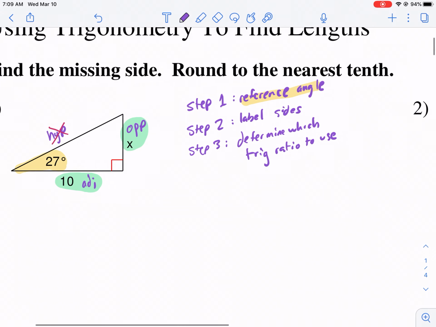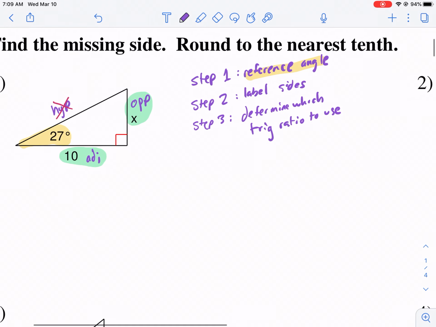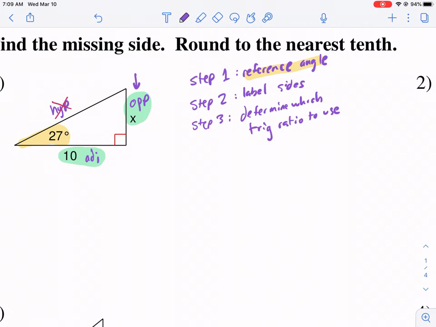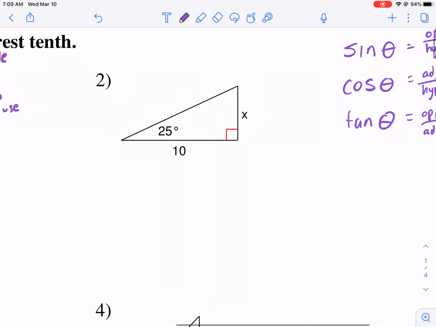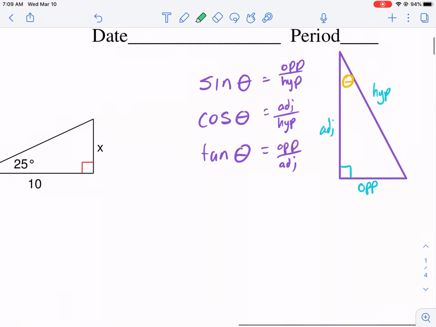To determine which trig ratio to use, we need to look over here and see which trig function has opposite and adjacent in it. So we're going to say, okay, sine has opposite and hypotenuse. We don't want hypotenuse, so that one's out. Cosine uses adjacent and hypotenuse. Again, hypotenuse, so that one's out because we don't have information, nor do we care.